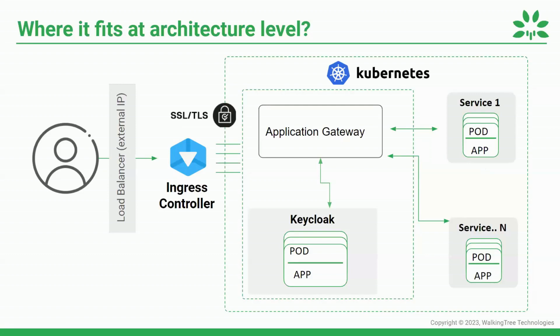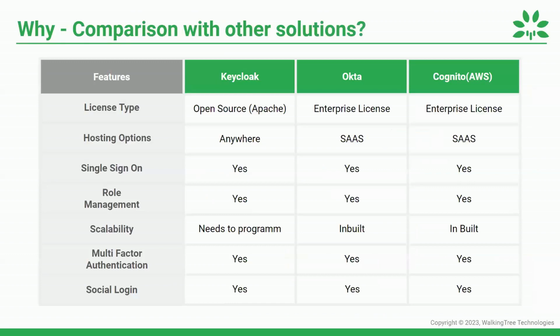That's where Keycloak can come in, and the application gateway can interact with Keycloak to verify the identity and also verify the authorization to access a specific service or an API. Right. This is where you can see Keycloak can be integrated in or can sit in your application architecture, enterprise application architecture.